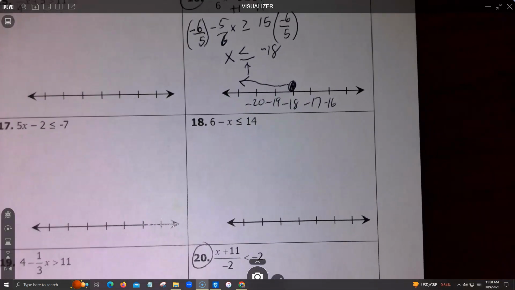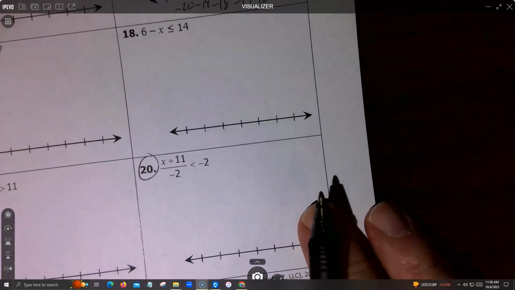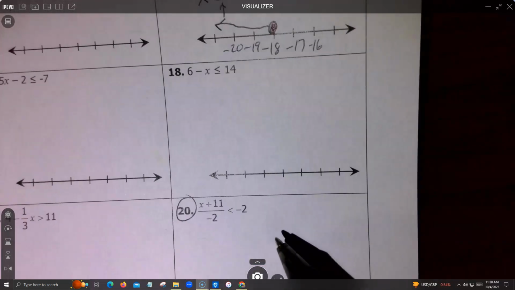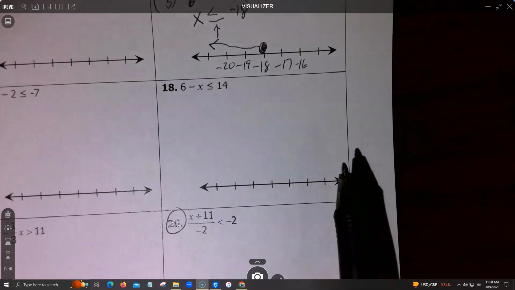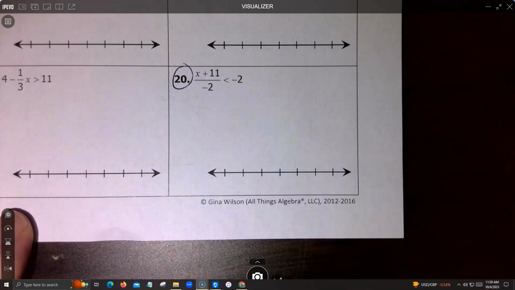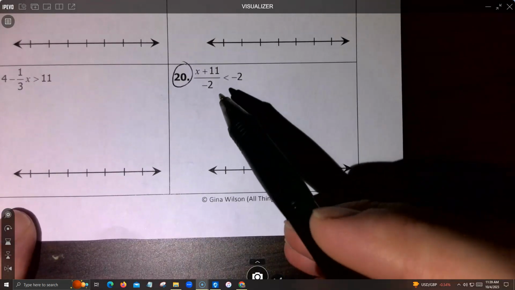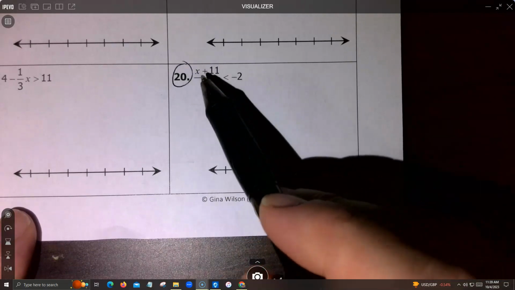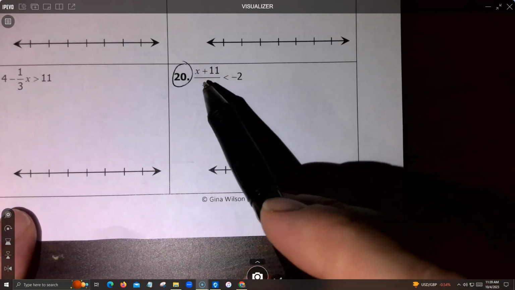And that's it. Now the last one I wanted to cover was number 20 because you've got this special one. I talked about it in the last lesson. What do I do when I have this instance? Well, in this instance, I can't do adding or subtracting first because these guys up here are locked into a division problem.